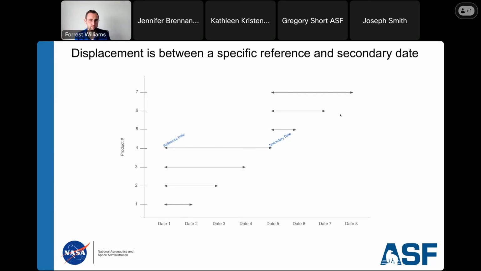Now, the important thing to remember here is that you need to be keeping track of this and accounting for this if you work with the data yourself. And this is important because if you don't add the displacement recorded for date 1 through date 5 in product number 4 to these granules up here, you won't be measuring the displacement for the whole time period.